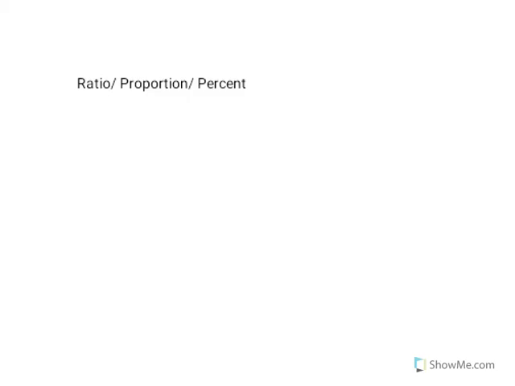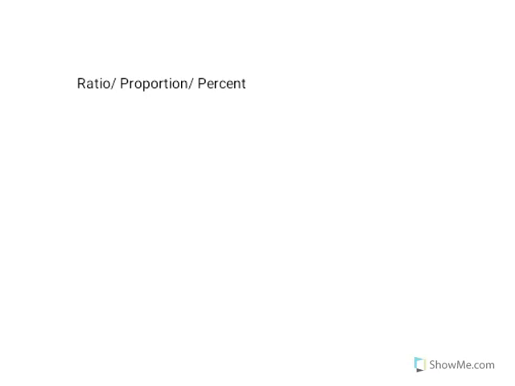Okay, let's get started now on part two, ratios, proportion, and percent. Those three words basically all mean the same thing. A ratio is a comparison between two numbers.